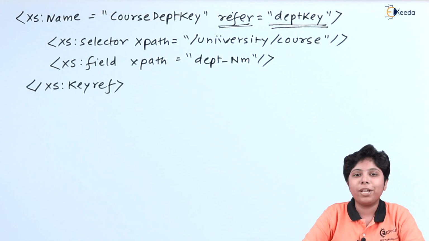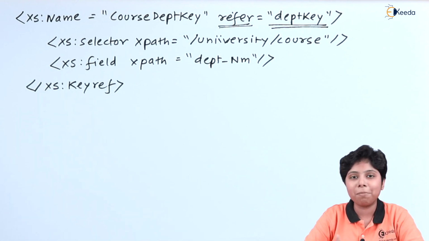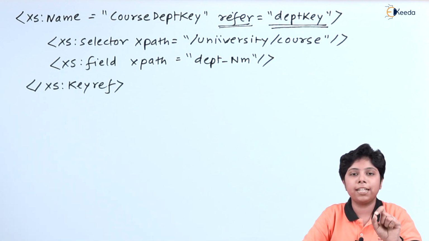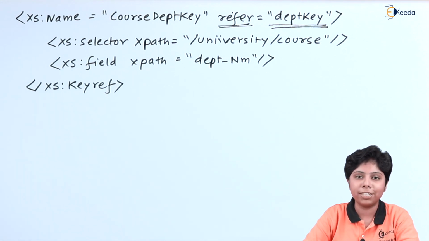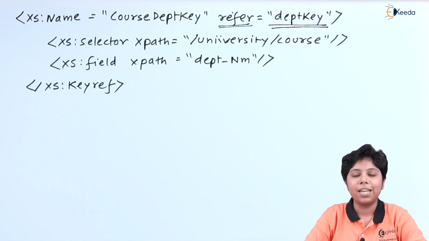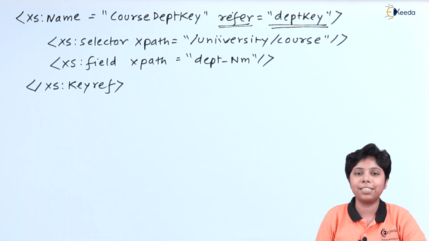Now, other than creating the primary key and foreign key references, we can also set a minimum and maximum number of allowances. That means if I say that an instructor should be related with only 2 of the courses, then we could restrict the references to only 2 by the max occurs on the reference keyword. In this way, XML also allows inheritance, to inherit specialized types on a complex type and other data types.